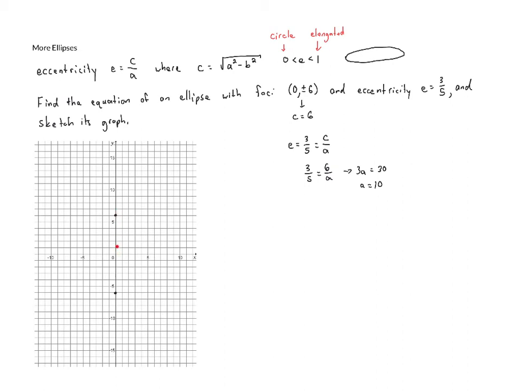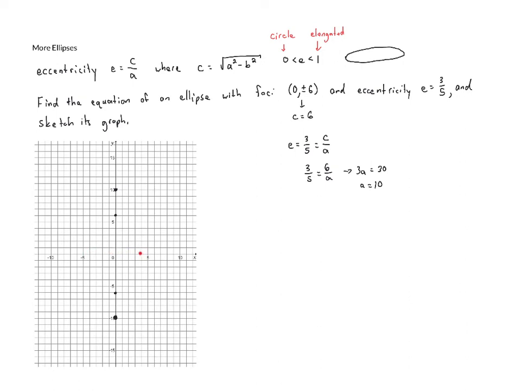Because the foci are located vertically, we know that we're going to have an ellipse that's taller instead of one that's wider. So the major axis is going to be vertical. And because A is 10, we know that the vertices are going to be at plus and minus 10. So we know how high up and down our vertices are.